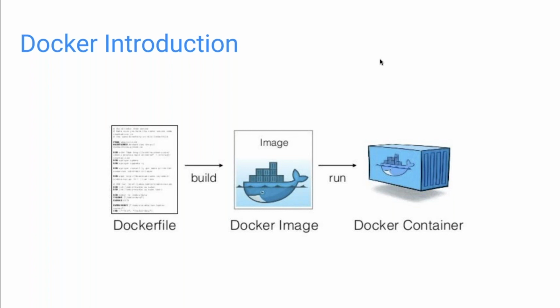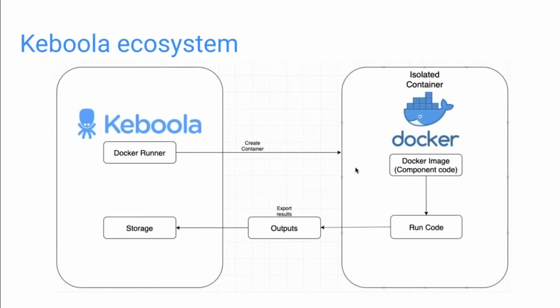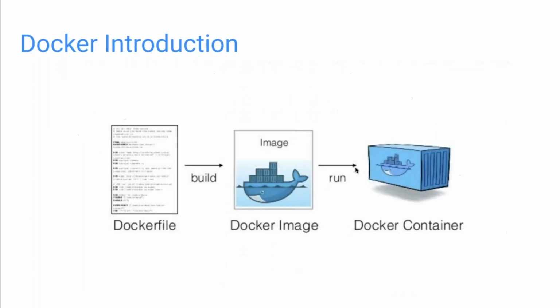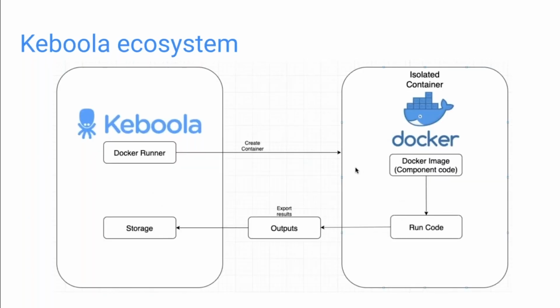With the Docker image, you then spin it off with a Docker container, meaning an isolated environment to run the Docker image. One more thing to point out is that since it's stateless, the credentials will not be stored in the Docker image unless you physically put them in your component code, which is not a best practice, and please do not do that.